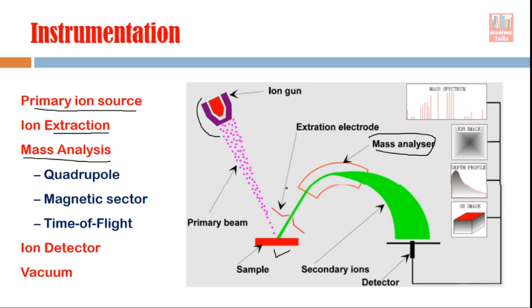So the job of this mass analyzer is to separate out atoms or species of a particular mass to charge ratio, and then it is allowed to fall on the ion detector, right? So when it reaches the ion detector, then it is confirmed that the atoms of this particular mass to charge ratio are present in this beam, right?